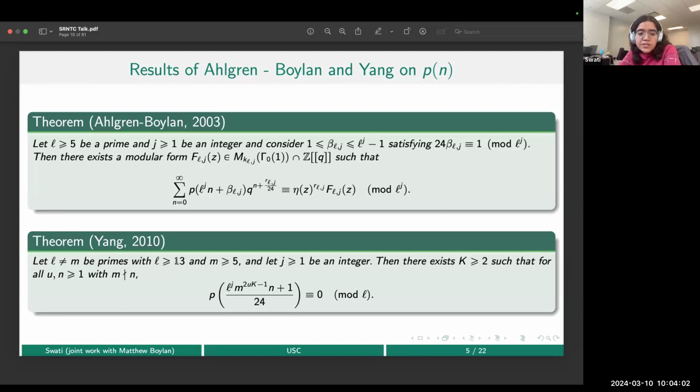So what he showed is that if we take L and M to be distinct primes with L greater than or equal to 13 and M at least 5 and J to be a positive integer, then there exists this explicitly computable integer k such that you can get every congruence of this type modulo L. So basically, it addresses the algorithmic aspects of finding congruences which occurred in Ono's type.